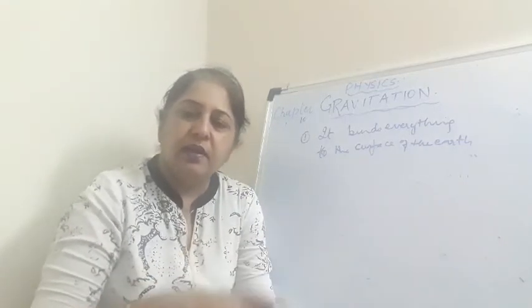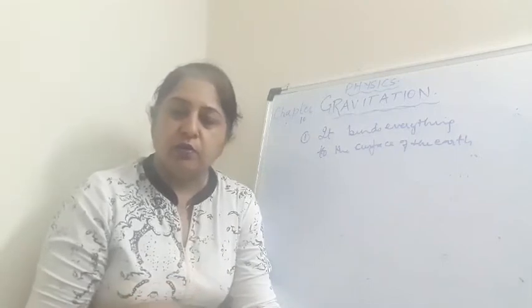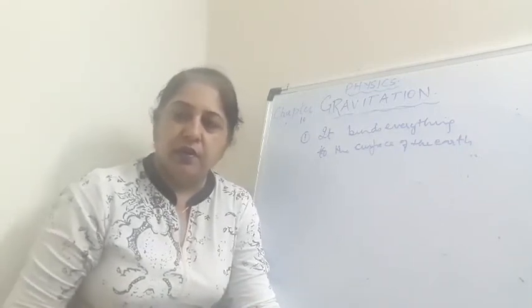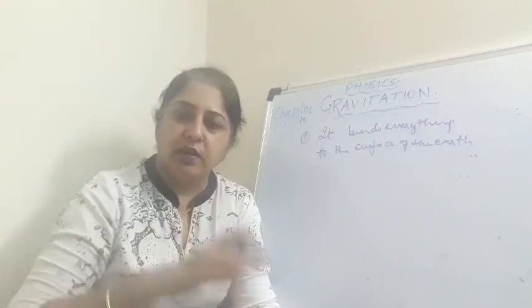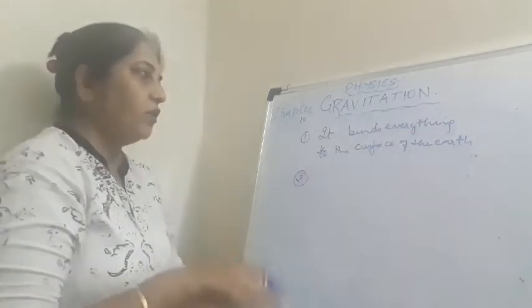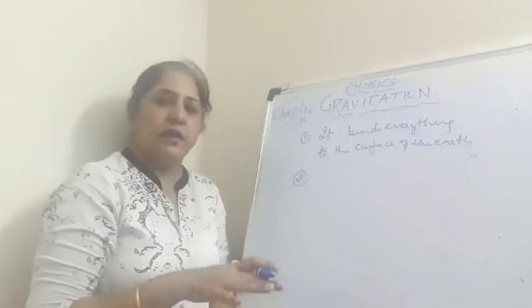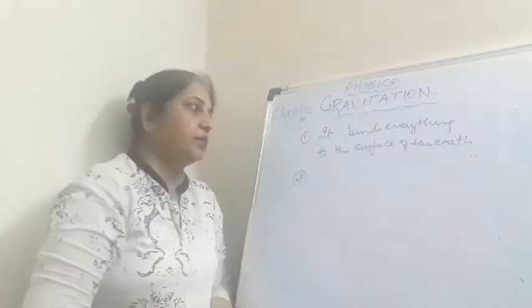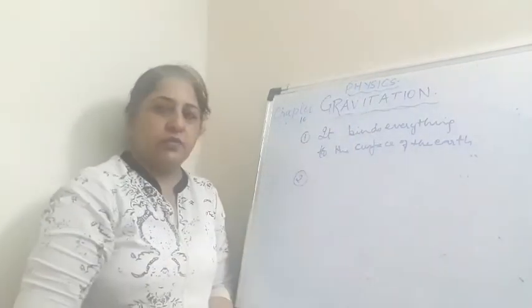Why is the table intact on the floor? Because of the force of gravity. Otherwise, if there is no gravity, then what will happen? The objects will be floating, right? They will not be intact, they will be floating. This is what we can imagine. So it binds everything on the surface of the earth.